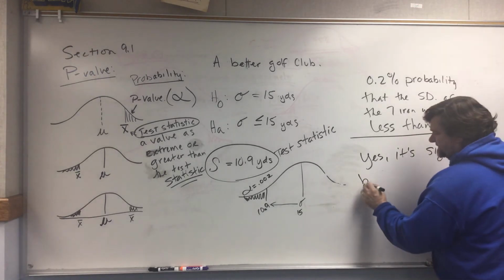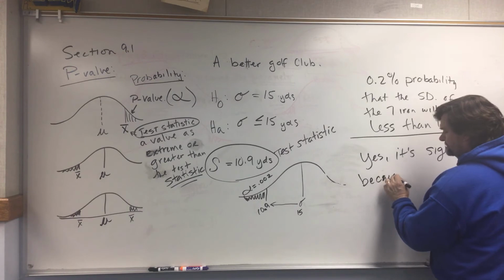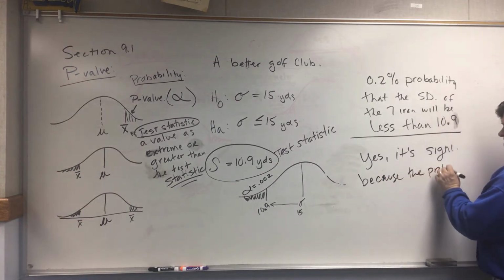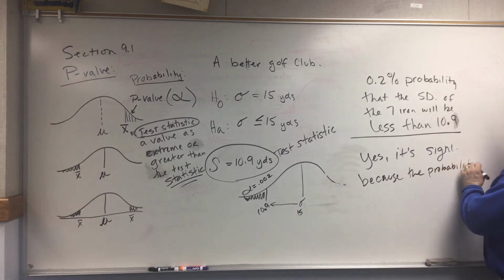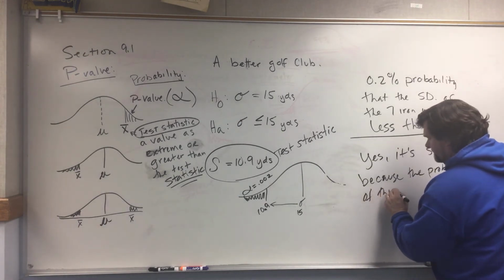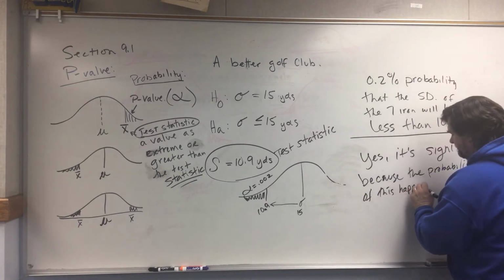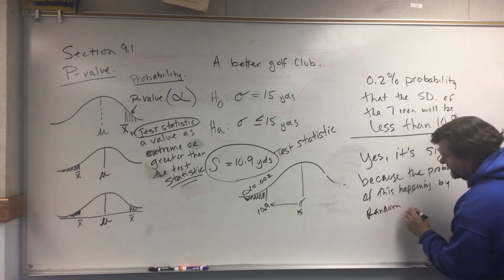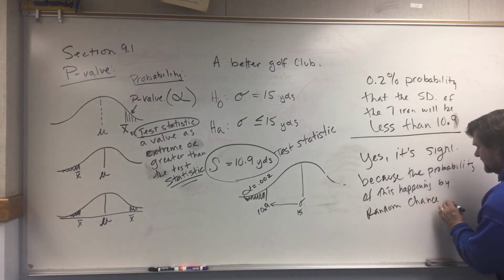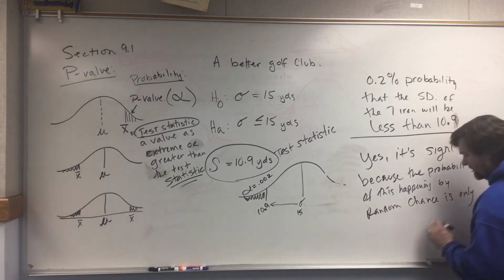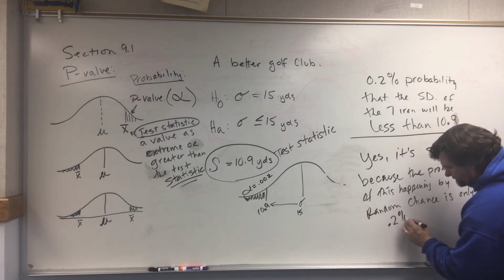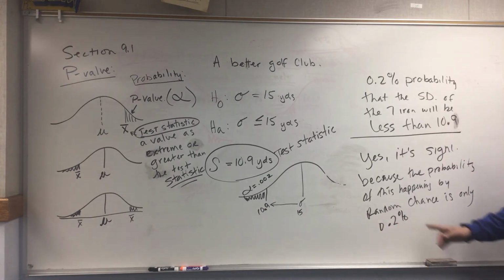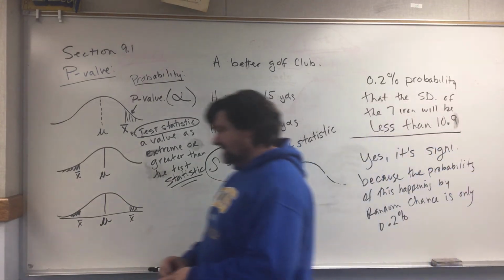Significant because the probability of this happening by random chance is only 0.2%. The chance of it actually happening is 0.2%. So it has to be better. It has to be more accurate. So those results are statistically significant.